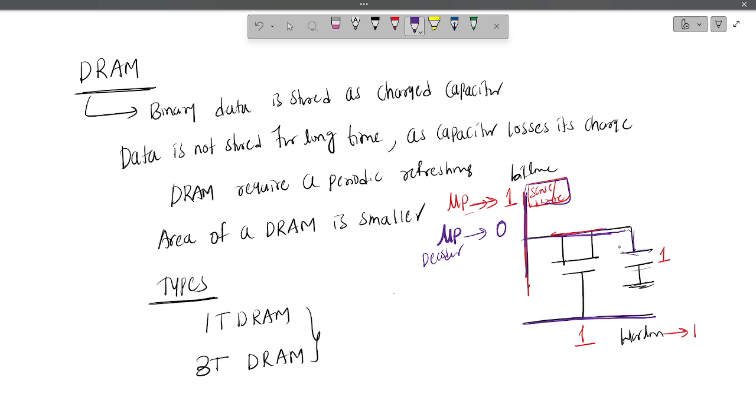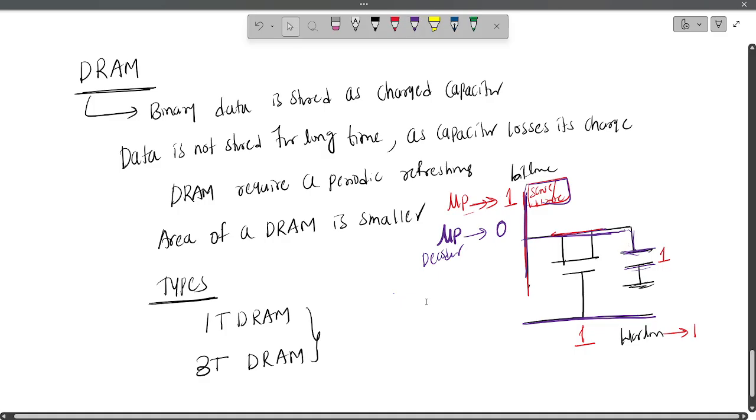If one is written into the capacitor, the capacitor will charge. If zero is written, the capacitor will discharge. So this is about DRAM. Is it fine? Did you understand?